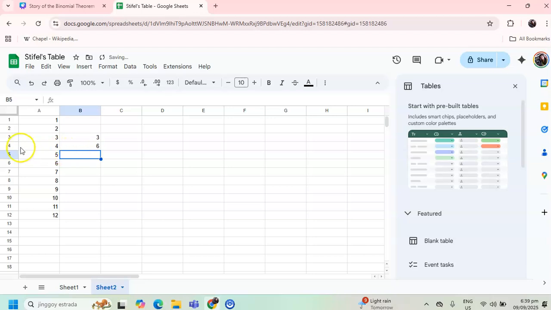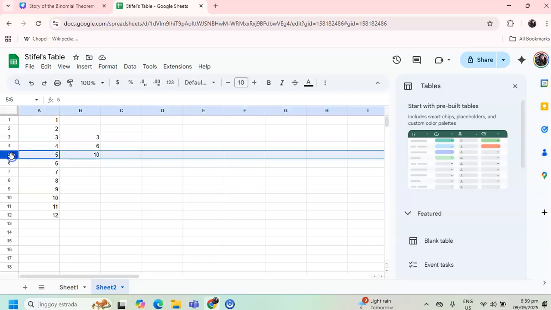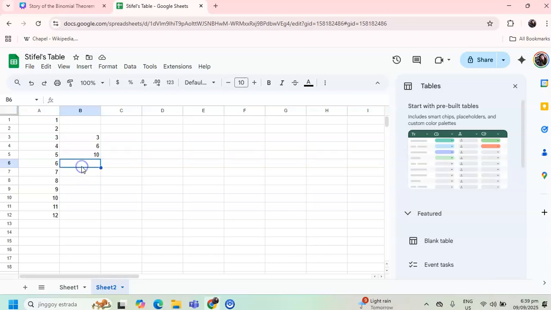And then next, for this cell B5, we look up the previous row. We have 4 and 6, so we add them, then we have 10. Now for the cell B6, we look up above the previous row. We have 5 and 10, so we add them. 5 plus 10 is 15. And so on and so forth.